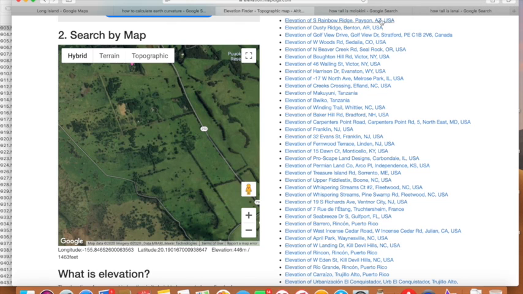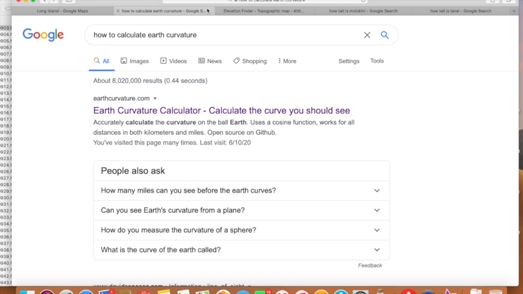But what I want to do here is observe if we see curvature. So how can we calculate the curvature of the Earth?